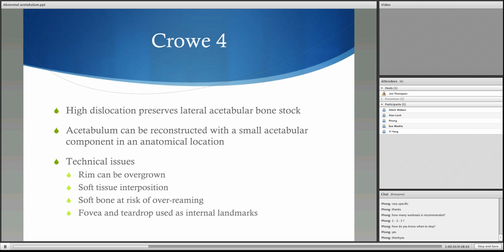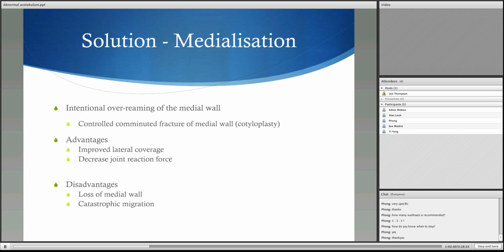The technical issues are the fact that quite often, because the head's not in place, the rim's overgrown, there may be soft tissue intervening. Because there hasn't been an articulation in the native acetabulum, the bone's quite often soft, and there is a risk of over-reaming, and the anatomy is often distorted, but you can use internal landmarks to help you place the cup in the correct position, such as the fovea and the teardrop.